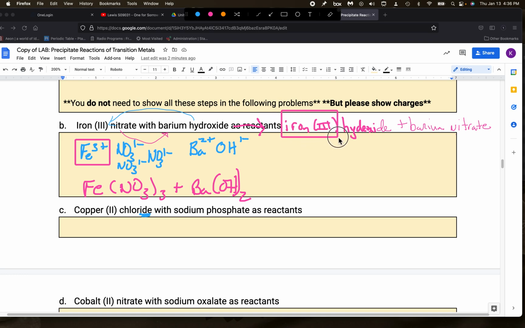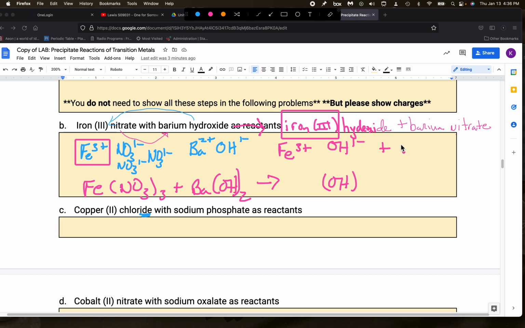Because they're the same thing. And so now I have iron 3 again, but this time it's with hydroxide, which is 1 minus. And you're going to get a compound here with my hydroxide in parentheses.